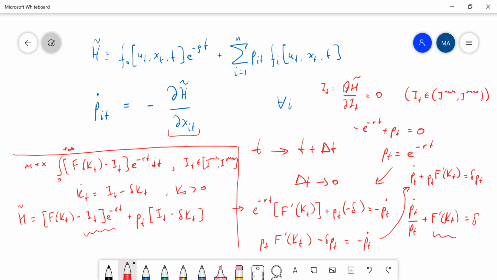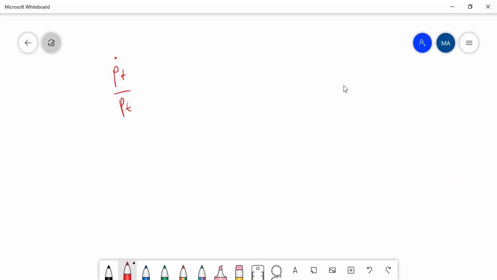Or you can put it even in a different form. You can actually write this: the increase in the value must be equal to minus net benefit.